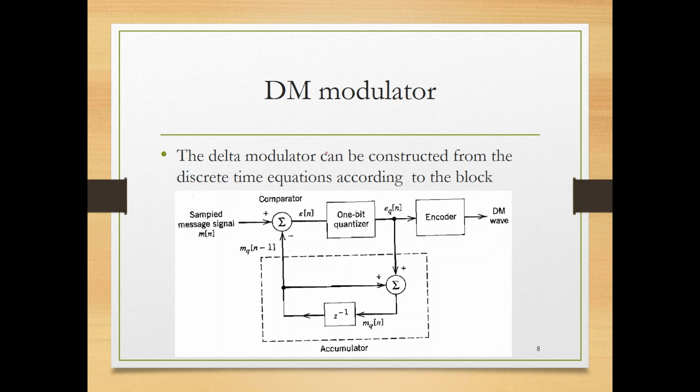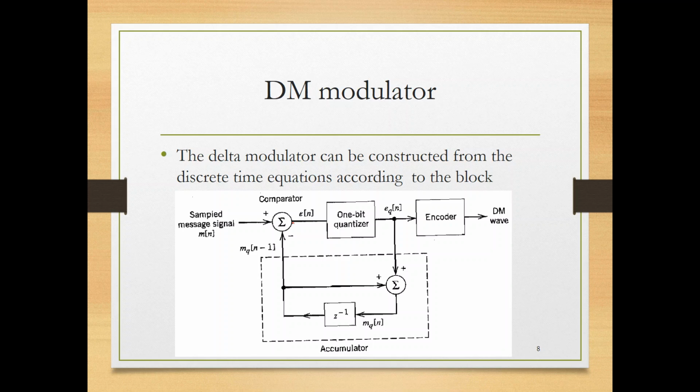So the delta modulator can be constructed from the discrete time equation according to the block diagram. You have the sampled message signal here, and you have a comparator. The comparator works like a differentiator, because in differentiation you have your current value minus the previous value over the step.